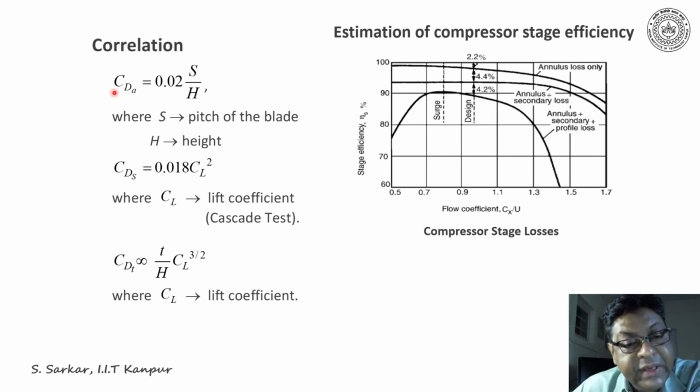Thus, CDA is equal to 0.02 times S by H, where S is the pitch of the blade and H is the height of the blade.